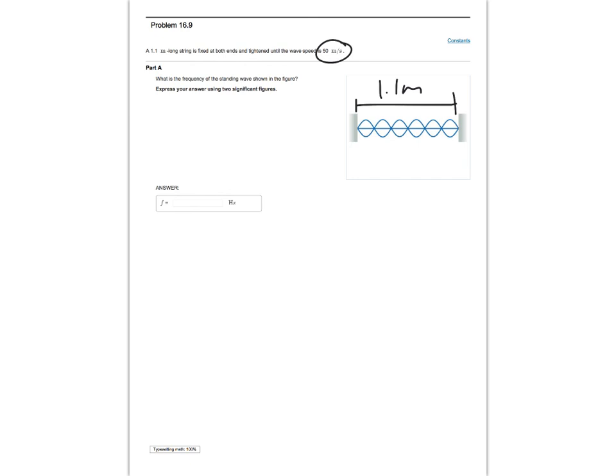If I count them, there's 1 wavelength, 2 wavelengths, 3 wavelengths in that 1.1 meter space. That means each wavelength is equal to 0.367 meters. I got that from doing 1.1 divided by 3, because I have 3 full wavelengths in that 1.1 meters.